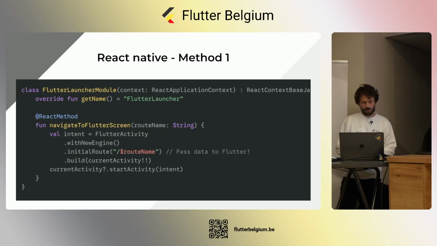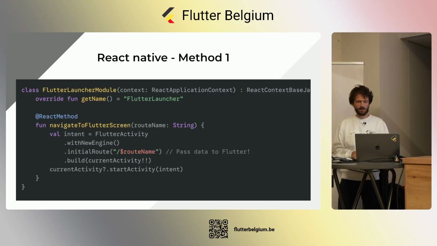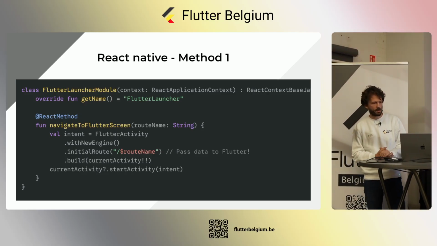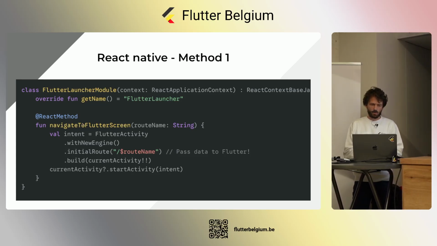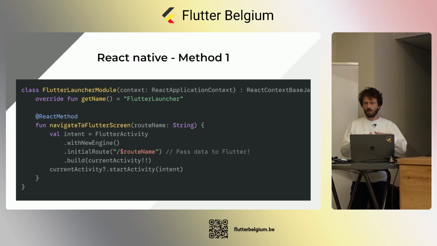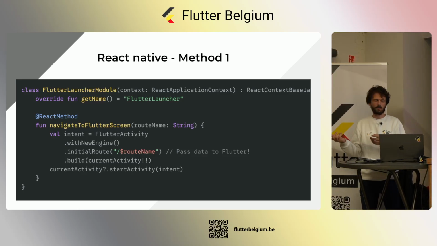For React Native, there is an easy way. In Java or in Kotlin, you can define methods, and then you can say, okay, this method should be available from React, and then you can call that method.